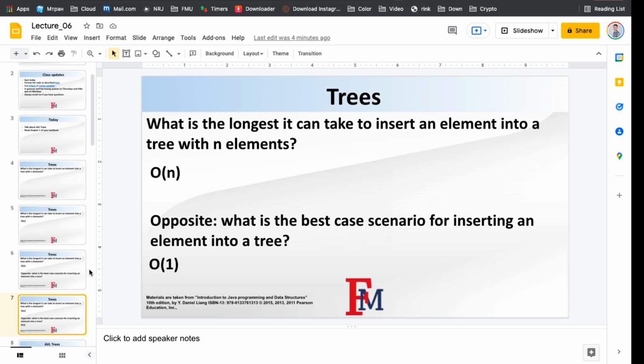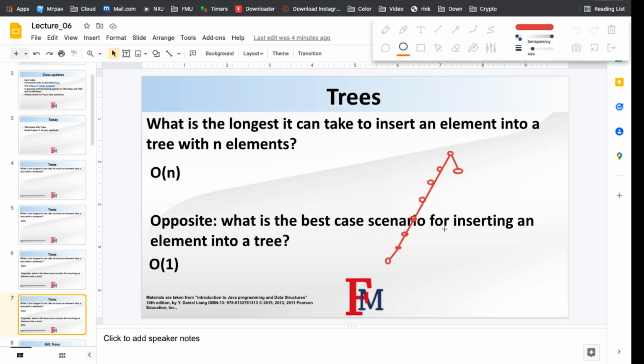You see that it's unfair: there's a huge difference between the worst and best case scenarios. That's because this tree is very skewed to the left.